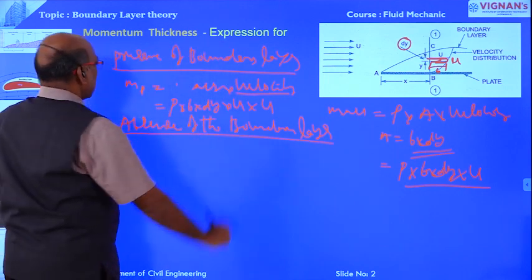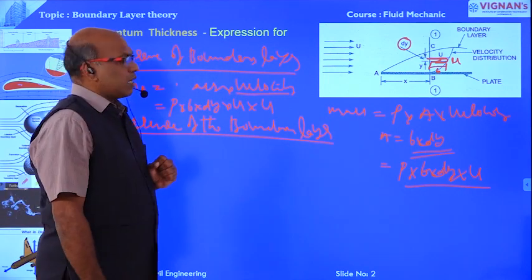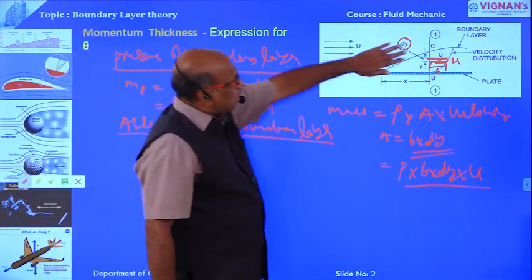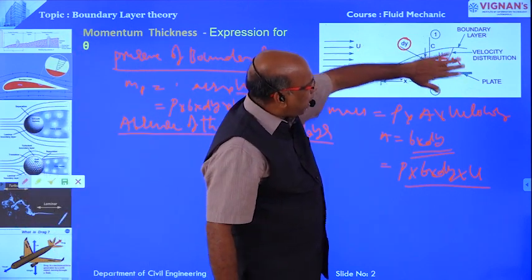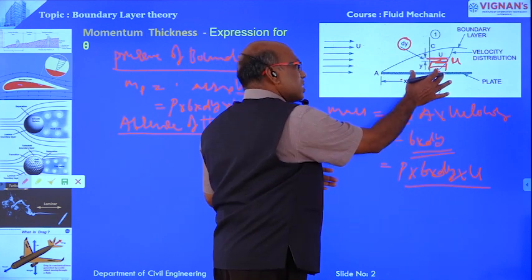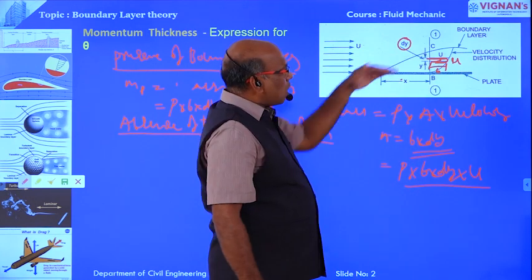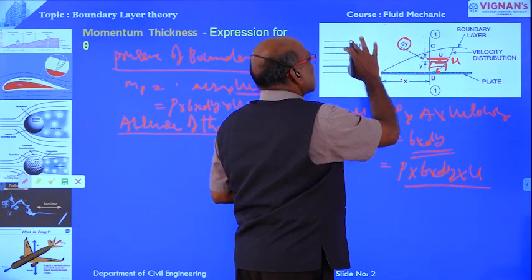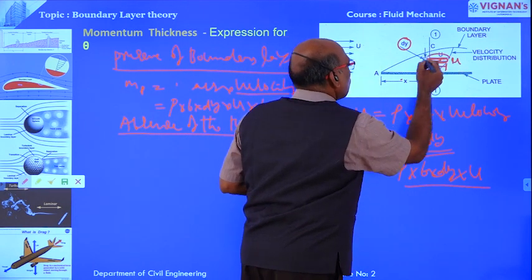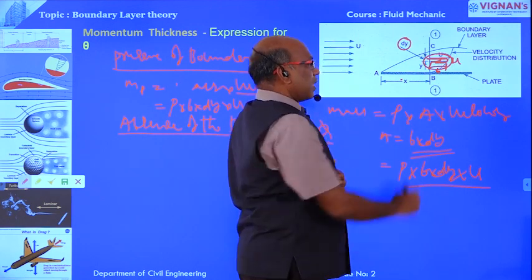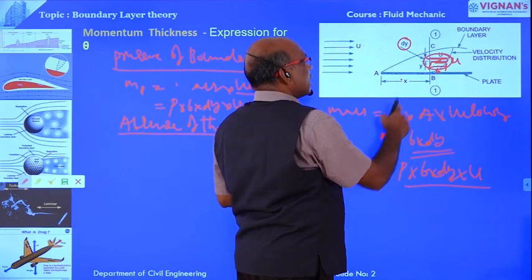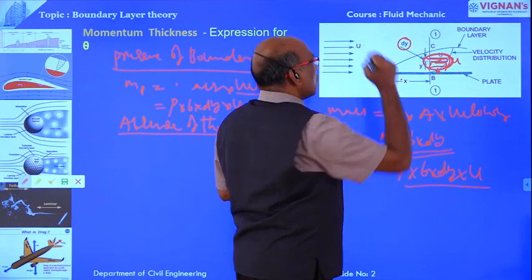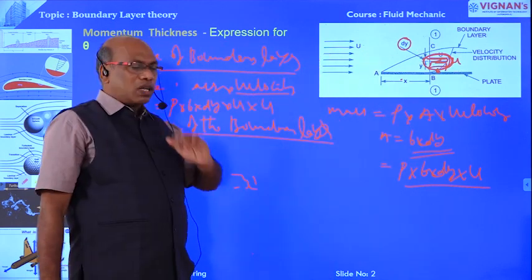Absence of the boundary layer: what is the momentum of the flowing fluid? If there is no obstruction, no plate or boundary, the velocity of flow over this strip is equal to the free stream velocity. That is the only difference.